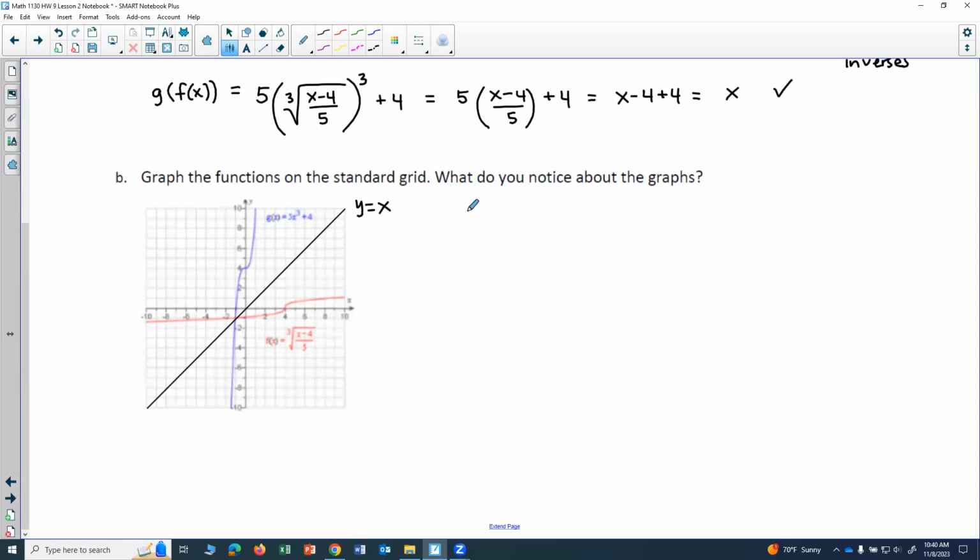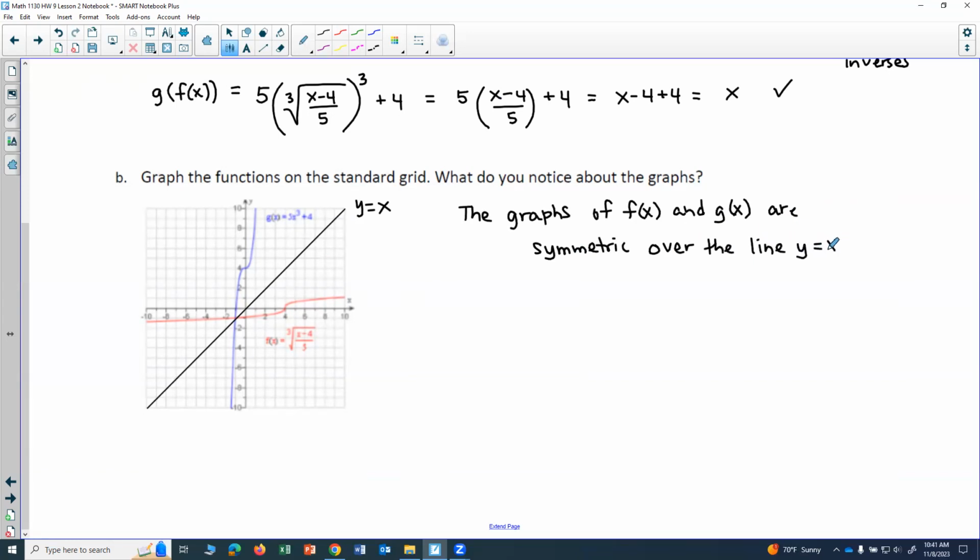And we would say the graphs of f of x and g of x are symmetric over the line y equals x.